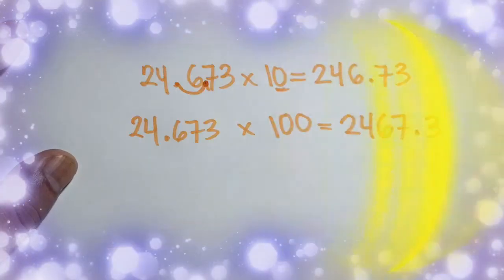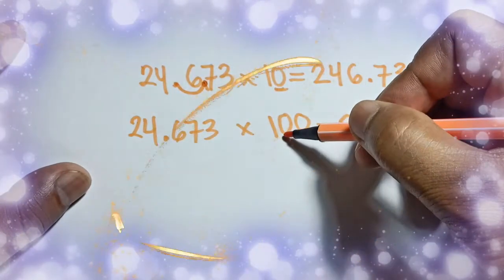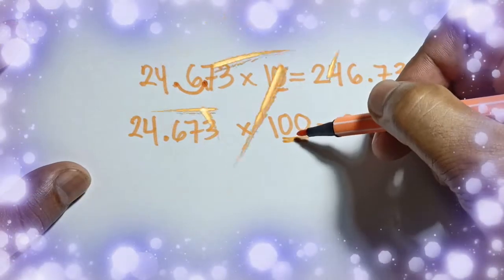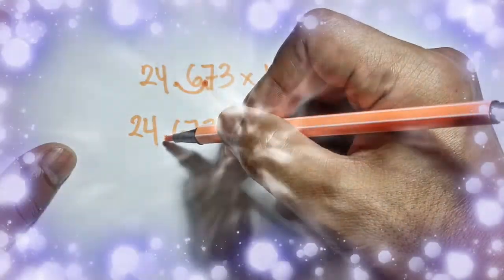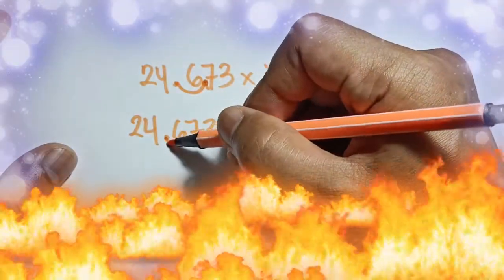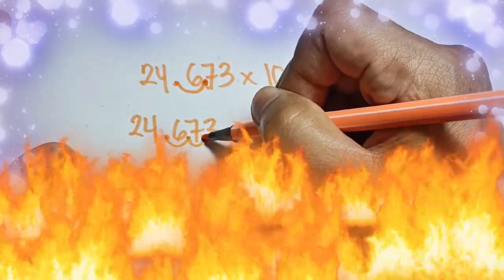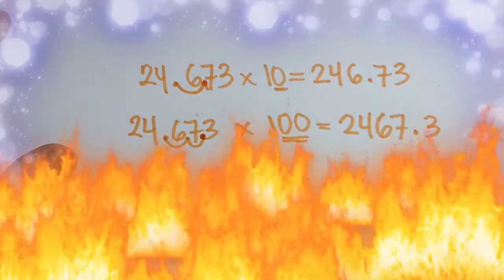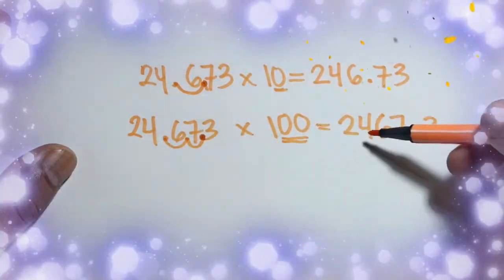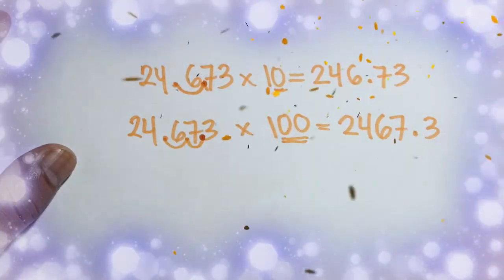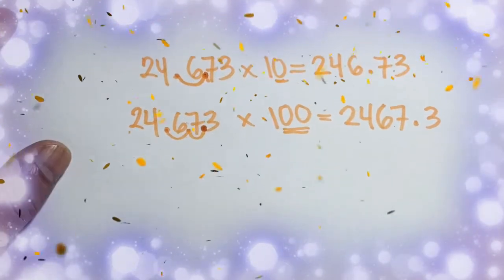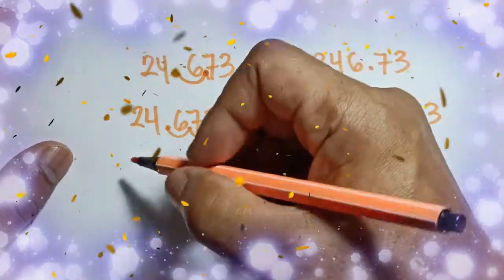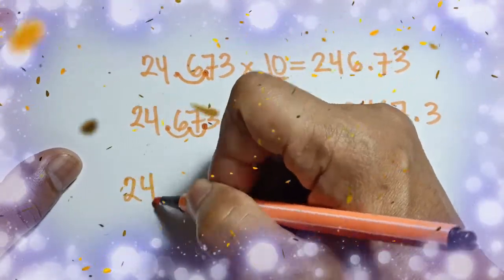How did we get that answer? Because in 100 there are 2 zeros, so we move our decimal point to the right 2 times. So 1, 2, and the decimal point will be moved here, and it will become 2467.3.